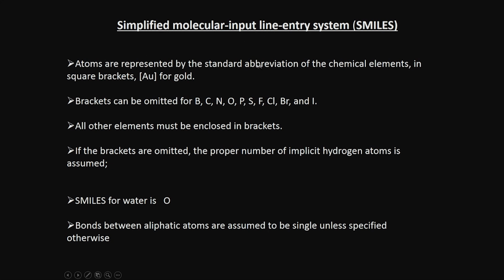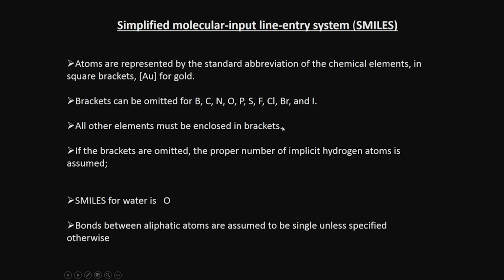Atoms are represented by the standard abbreviation of the chemical element, in square brackets, especially if it is gold, because it has got two alphabets, Au, whereas C is one alphabet. So, you do not need brackets like this. It can be omitted for boron, carbon, nitrogen, oxygen, phosphorus, sulfur, all those things.